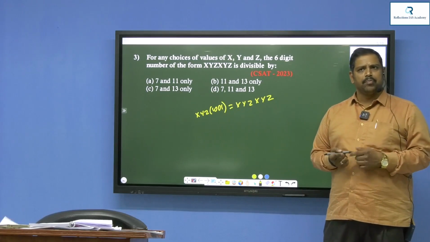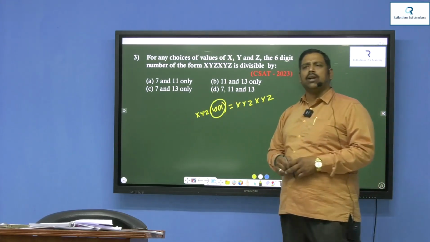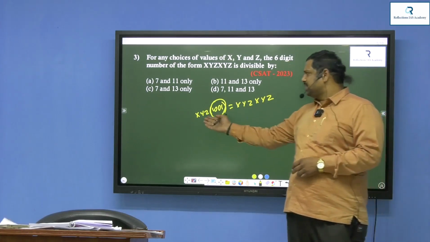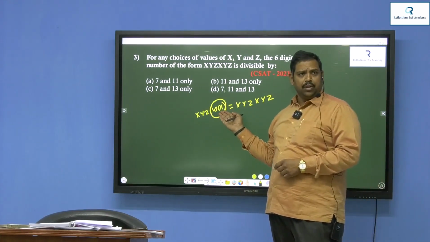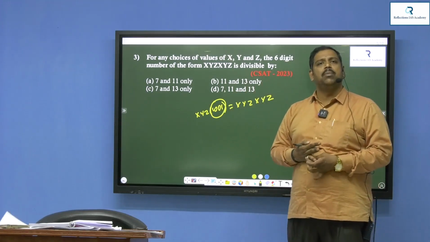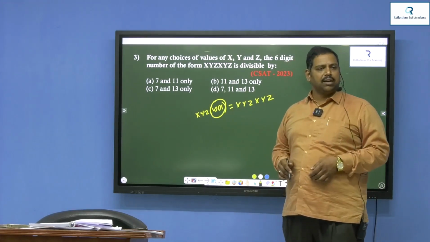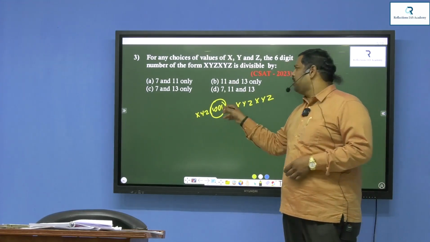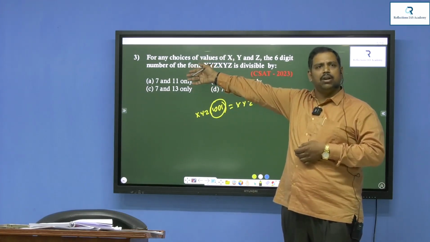This number is divisible by 1001, though I don't know the values. It is divisible by 1001, which means definitely it is divisible by the factors of 1001. For the factors of 1001, go with prime factorization or else go with the options, whichever you feel comfortable with.